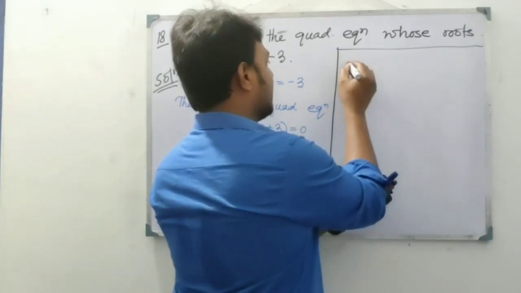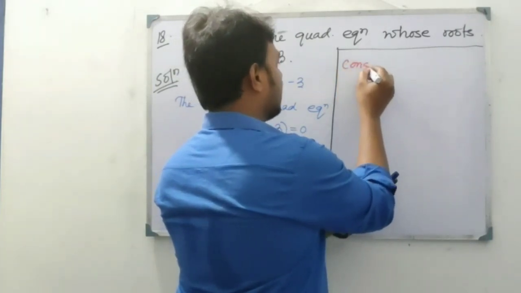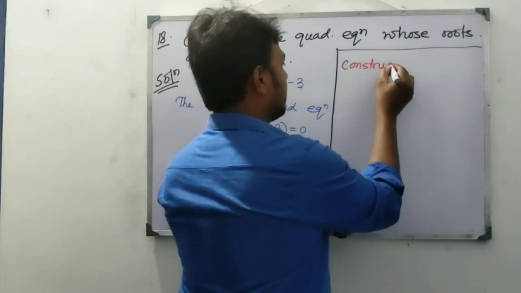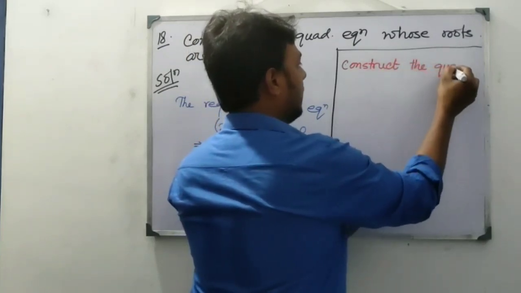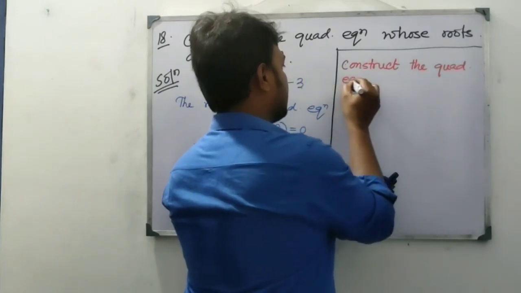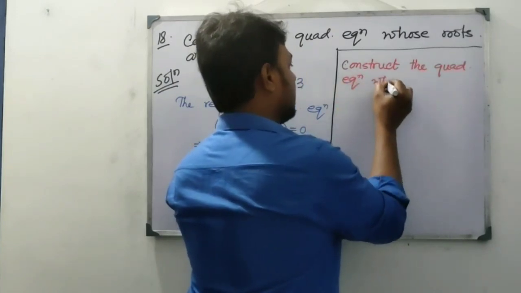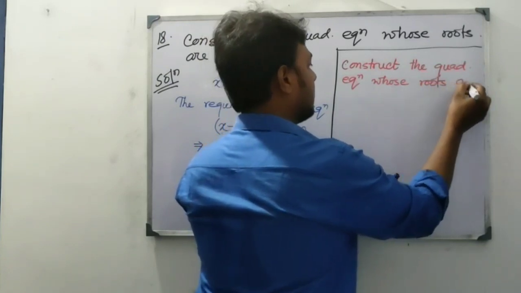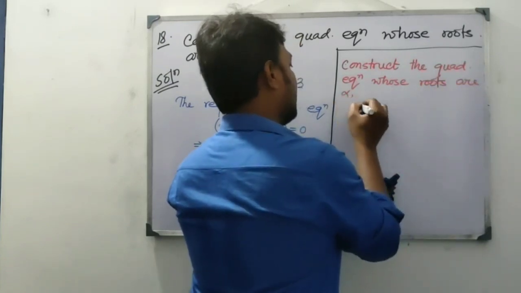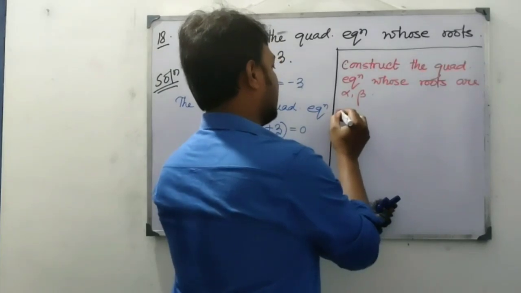I am writing the question. Okay, construct the quadratic equation whose roots are alpha and beta. Solution.